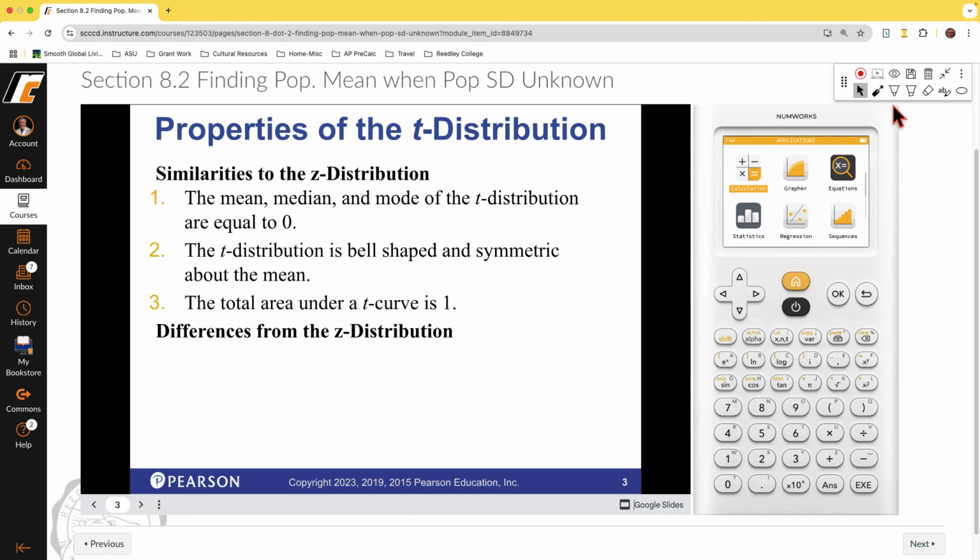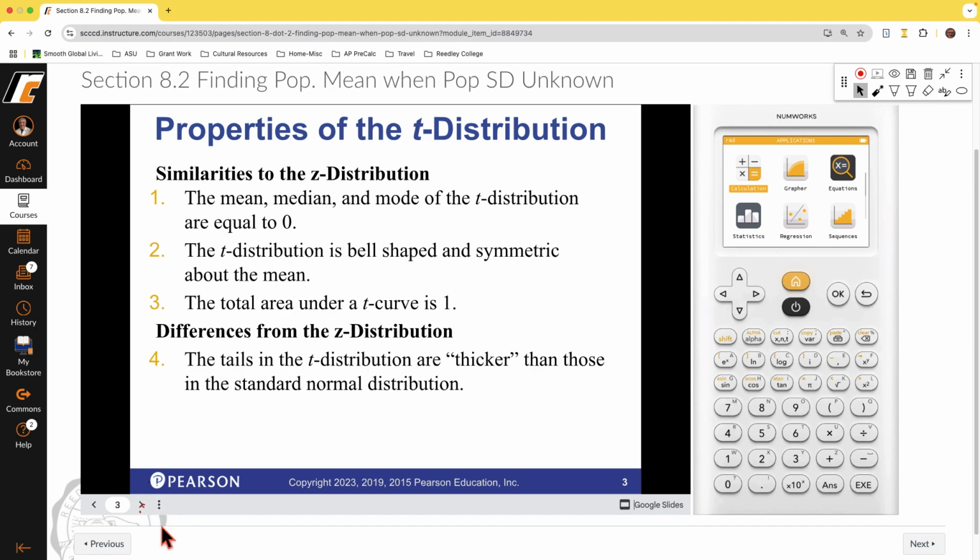But here are some of the differences. So one difference is that the tails of the t-distribution are a bit thicker. There's more in there on the tail side than the standard normal distribution.